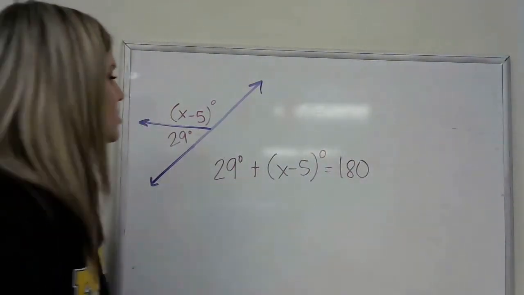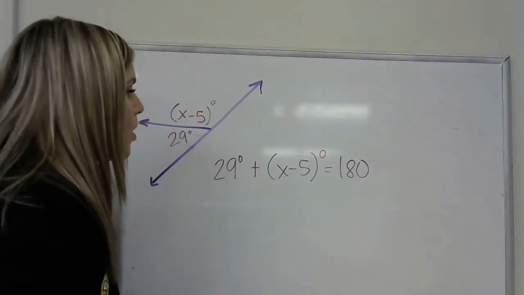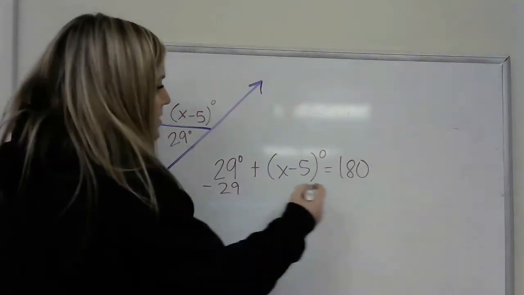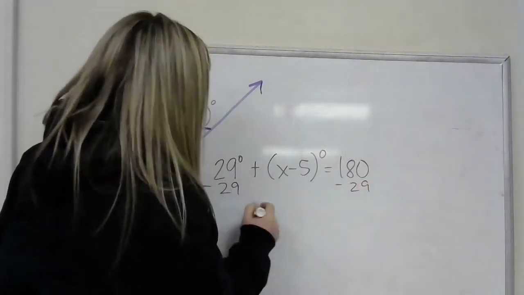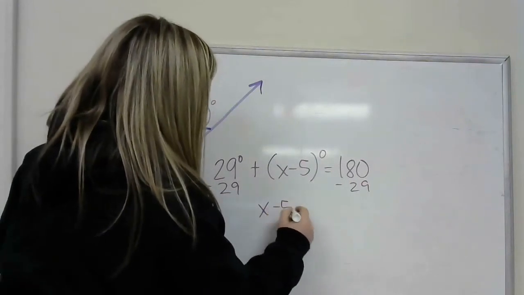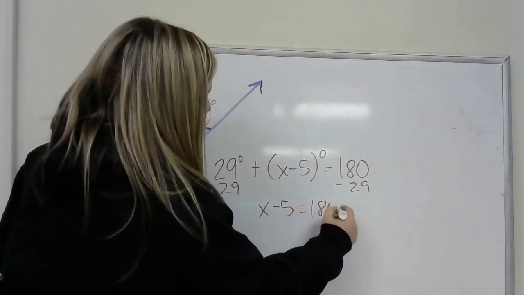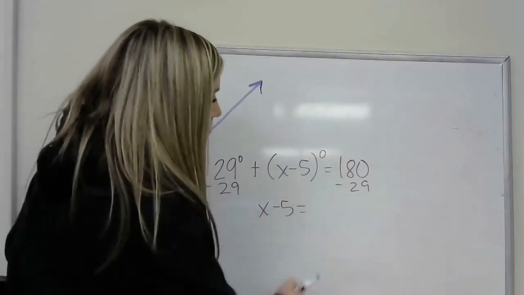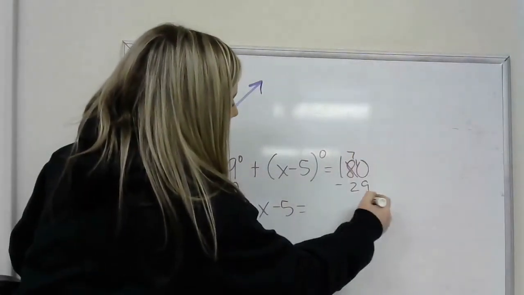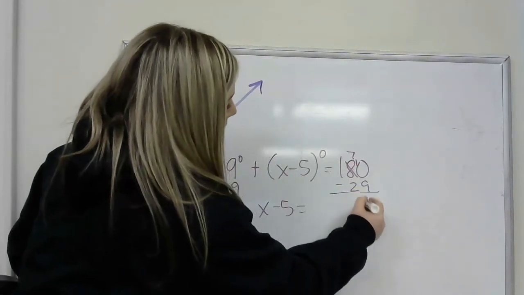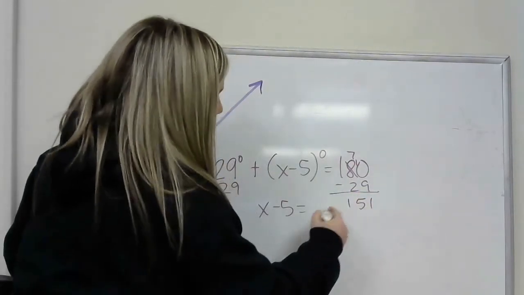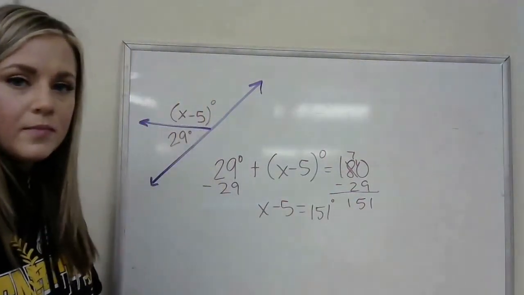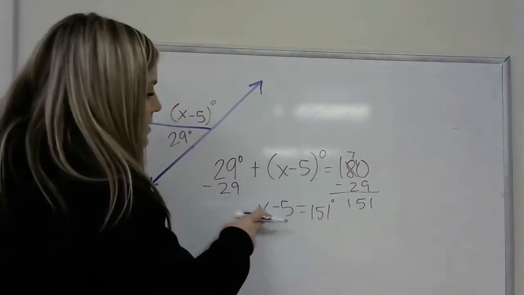Okay, so first I want to get rid of my 29 by subtracting it from both sides, okay? And I'm left with x minus 5 equals 180. Oh, sorry, it would help if I actually subtracted, Miss Mitchell. That makes 151 degrees. Okay, now I have x minus 5.